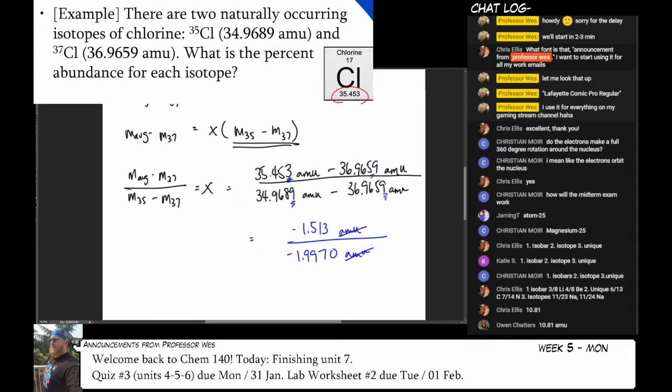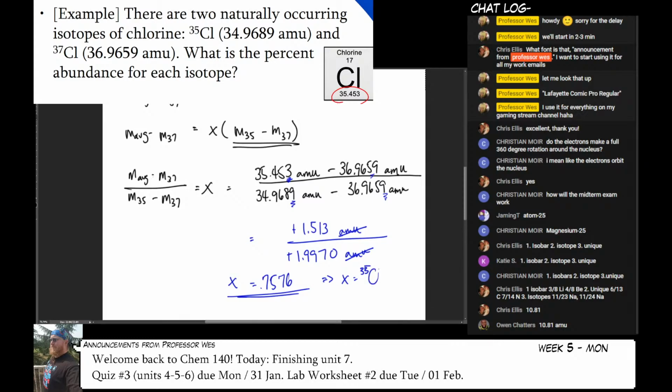These then cancel out. These become positive. And x is just whatever that percentage is. 1.513 divided by 1.9970. And the result that I get is 0.7576.